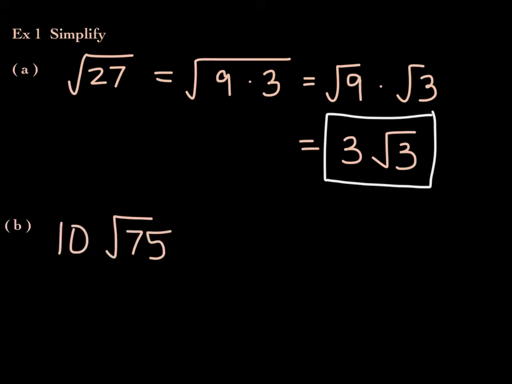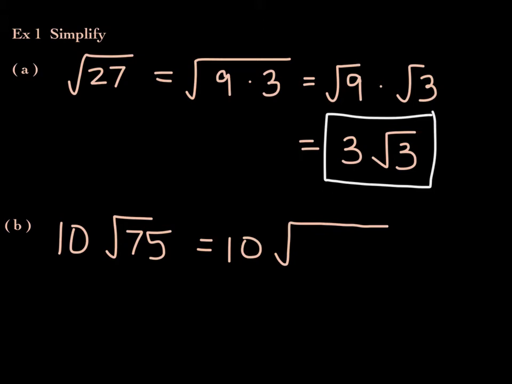10 times root 75. Now, one thing is for sure, do not multiply the 10 and 75. But instead, what we can do is we can rewrite the square root of 75 as a product of two factors where one of them is a perfect square. How about we do 25 times 3? Actually, let me go back here.